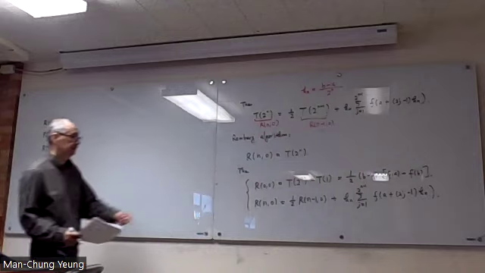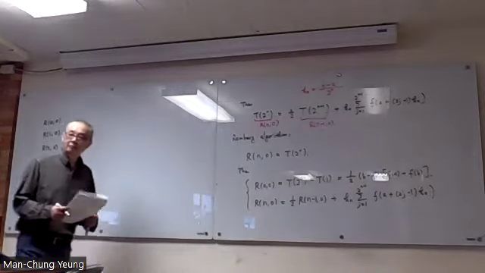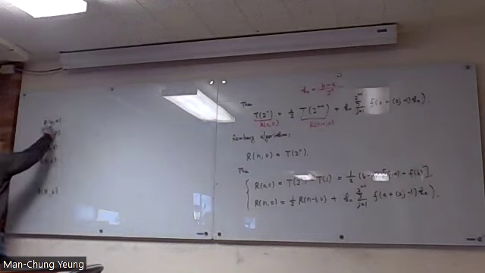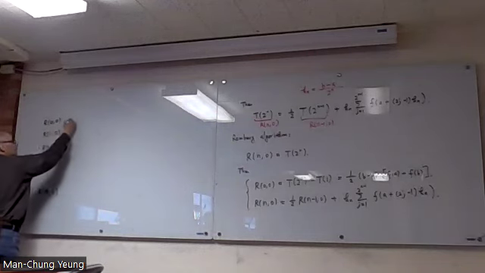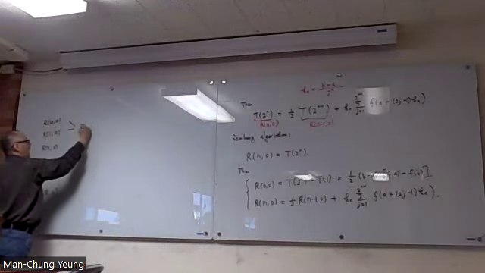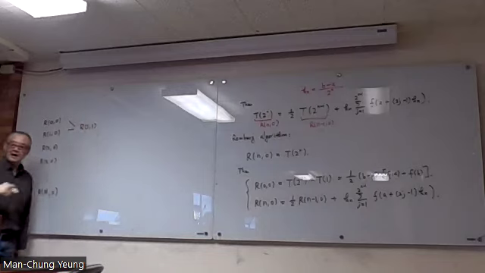The formula is here. Now R 0, 0 and R 1, 0 give you R 1, 1. How to get R 1, 1?